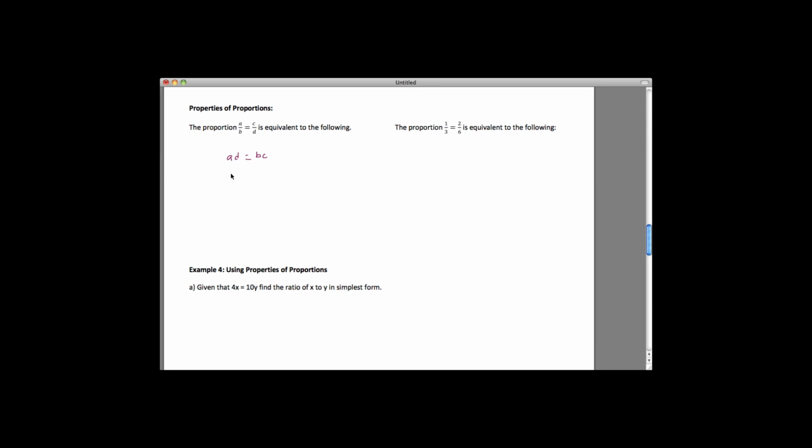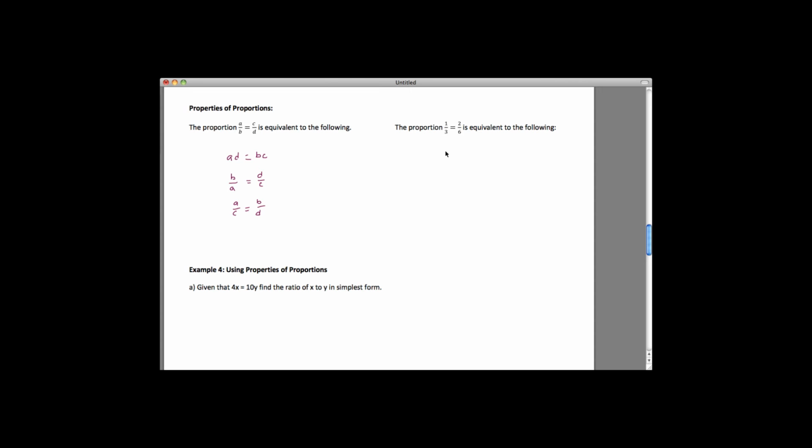Well, what it's also equal to is B over A is equal to D over C. Because look, the cross products are still going to be equal. BC is still going to equal AD. Another thing that it's equal to is A over C is equal to B over D. Okay, so all of these are equivalent.